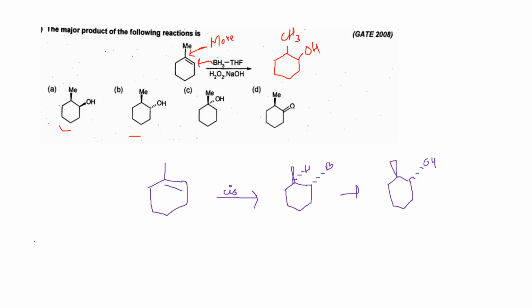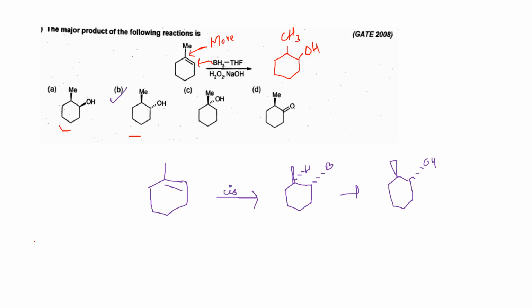So which one is the correct option? Option B. So this is the stereochemical aspect. From the reagents, you just get an idea that okay, this product will form. But if you don't know how the stereochemistry controls the arrangement of the product, there will be a mistake. If you want to plan a retrosynthesis of a compound, most natural products are chiral.